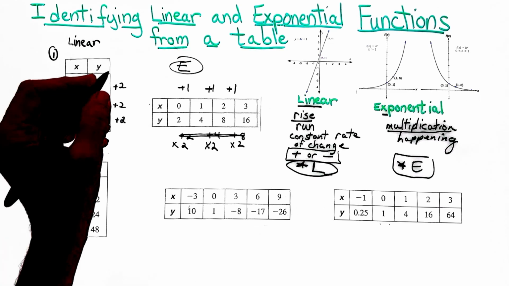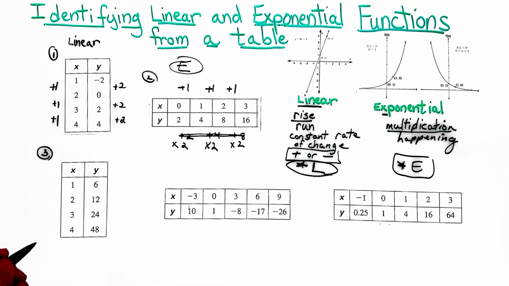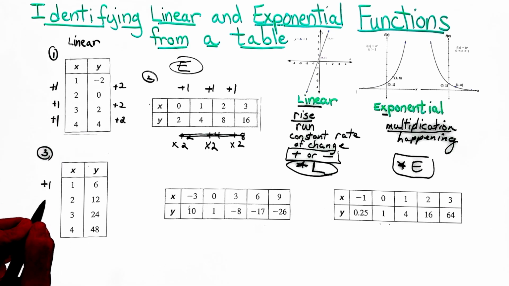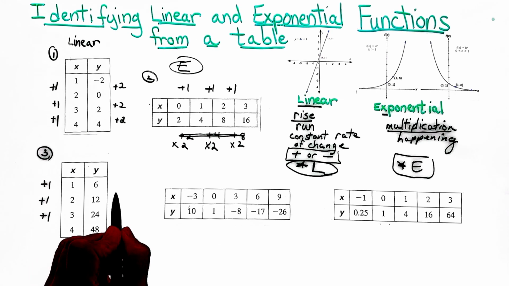And that was number 2. Let's look at number 3. All right, again, I have a vertical table. I see my x's are increasing by ones. Okay. But now for my y's. 6 plus 6 is 12, and 12 plus 12 is 24. So it's not adding, it has to be multiplication.